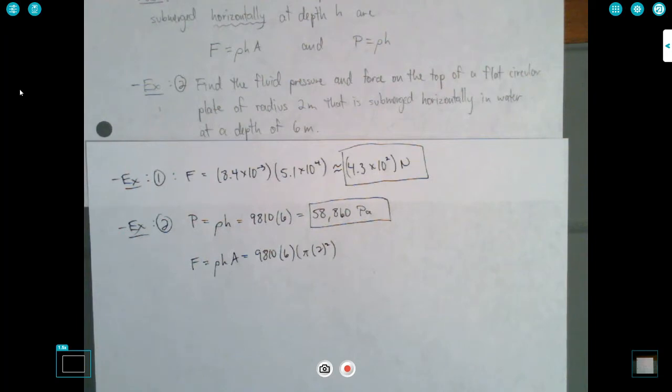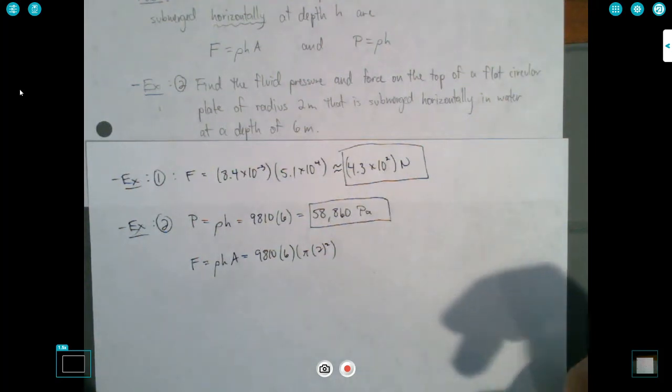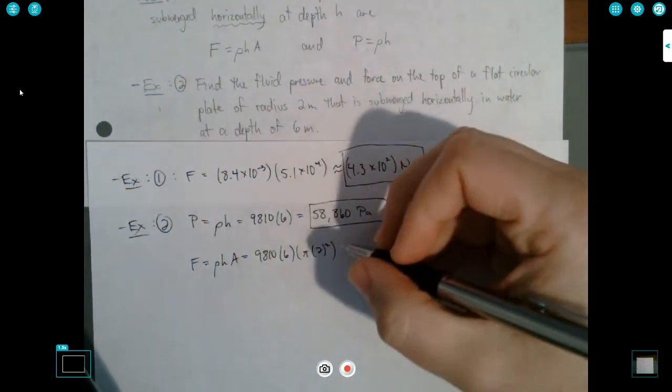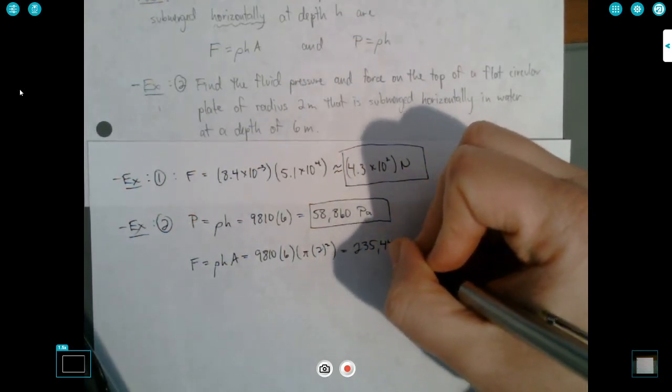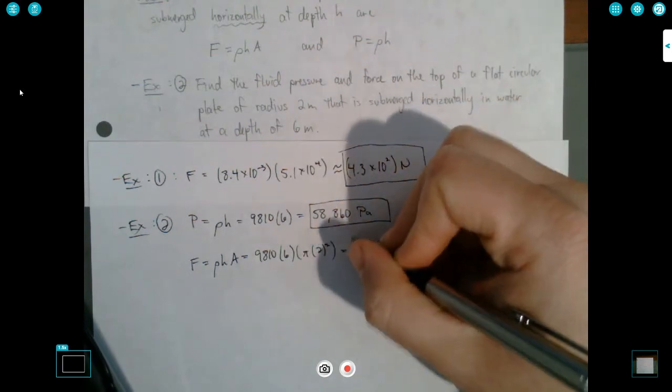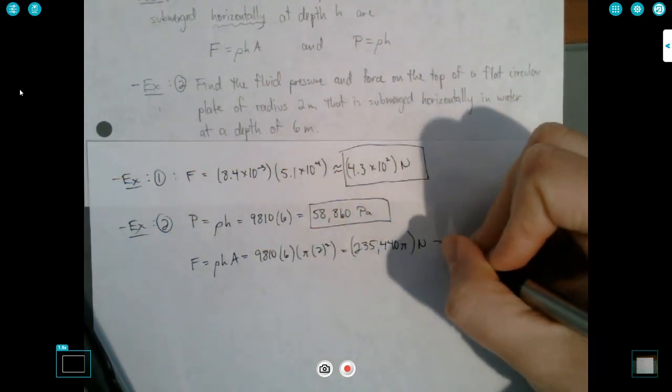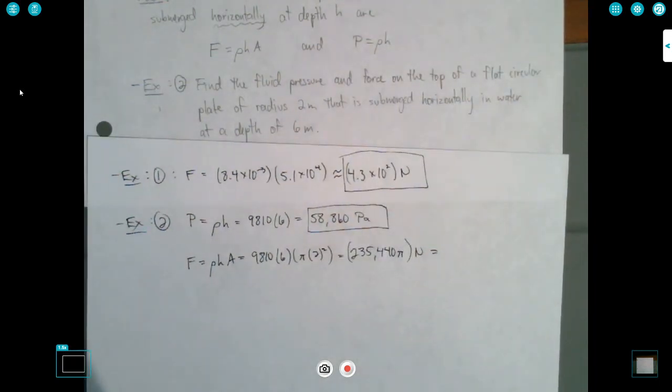So punch that into your calculator. 9,810 times 6 times 4 pi is, holy schmoly, that's a lot. 235,440 pi newtons, which would be how much?